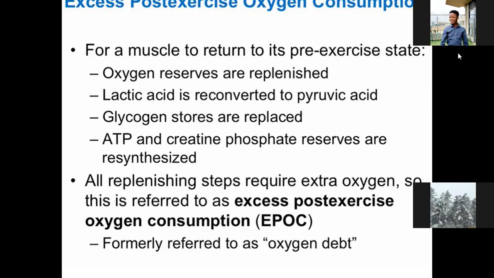Krebs cycle will require a lot of oxygen. For that reason, after somebody does that dash, they have to do a lot of panting so that they can take in the extra oxygen, which will replace what they had utilized without oxygen. So this is what has always been referred to as the oxygen debt.